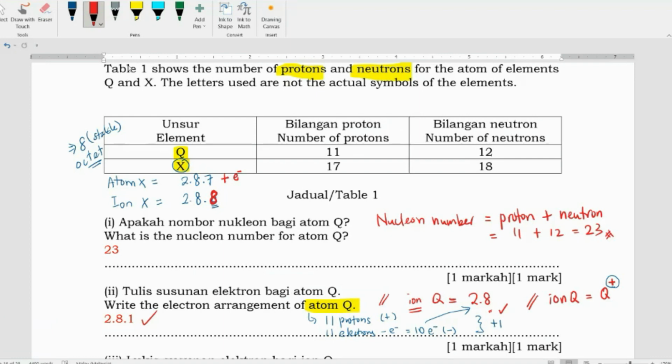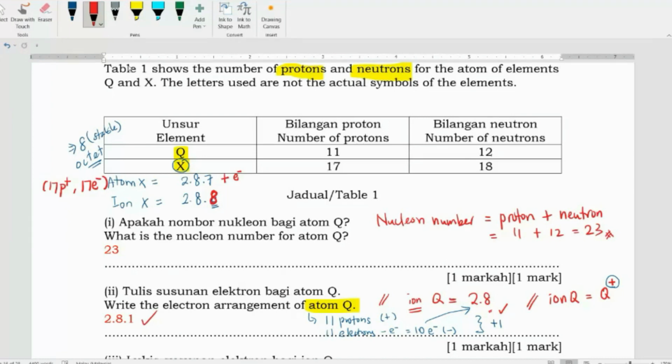So what is the formula for the ions of X? Cynthia, can you try to give the ions X? What is the charge? Wait, teacher. Okay, you compare the initial one. Initial one is 17 protons, 17 electrons for atom X. Is it negative 1, negative 2?